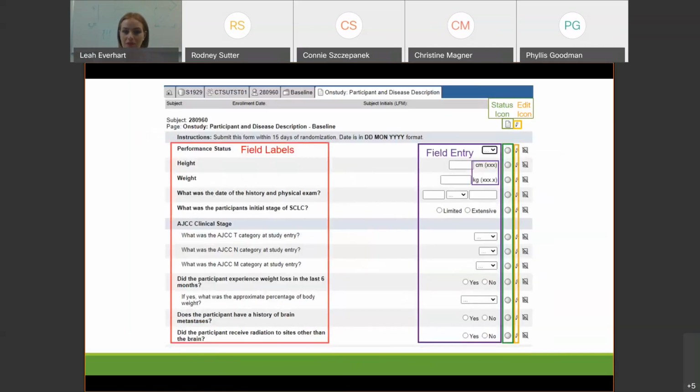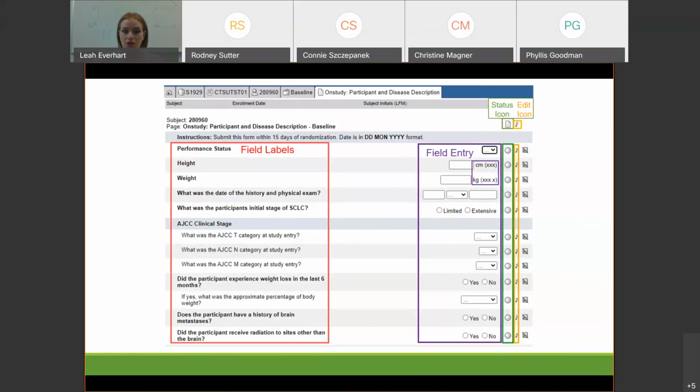So this is an example of a typical RAVE form. The field labels are left justified and field entry is right justified. And you can notice that some fields have the required units specified, highlighted in that purple box. So make sure you're entering accordingly.